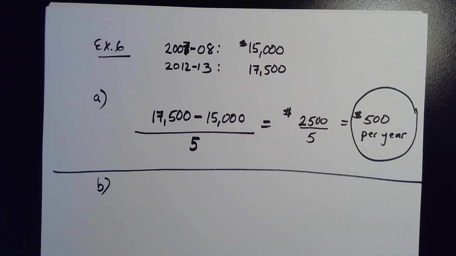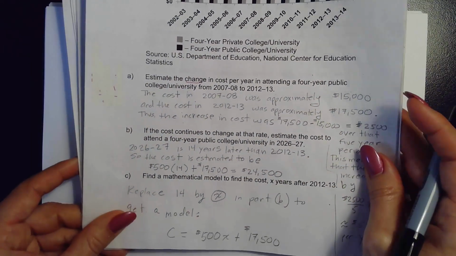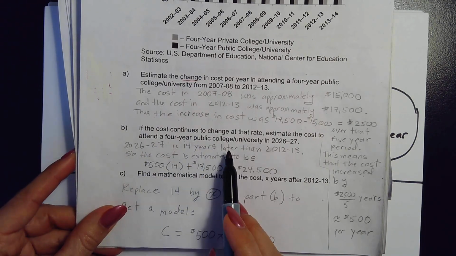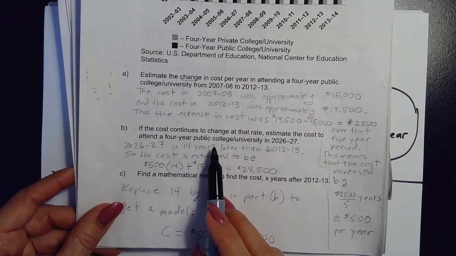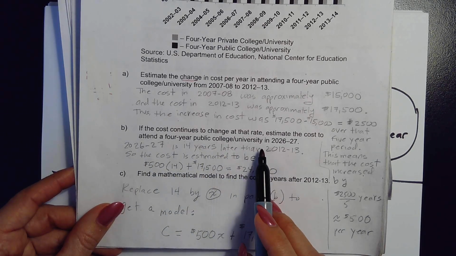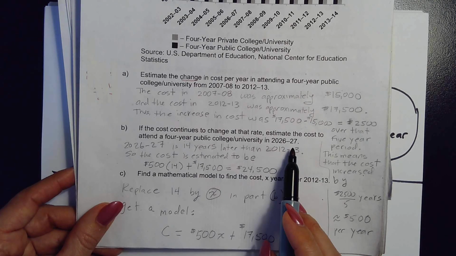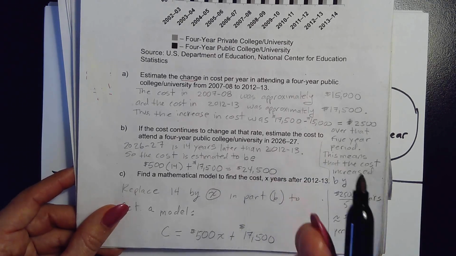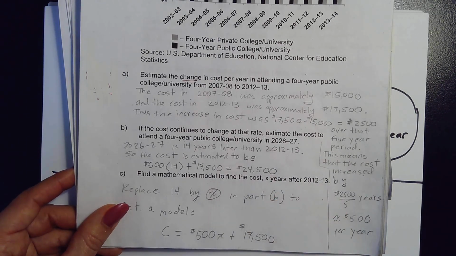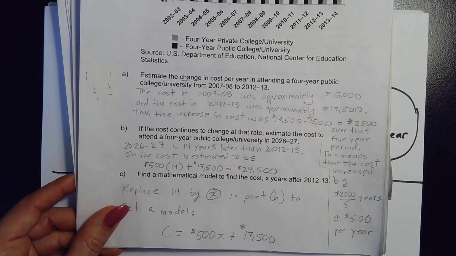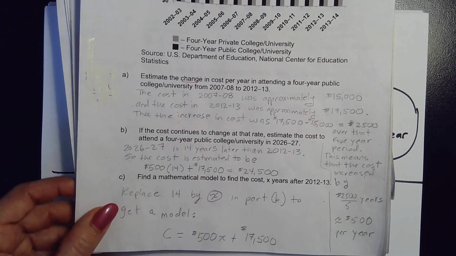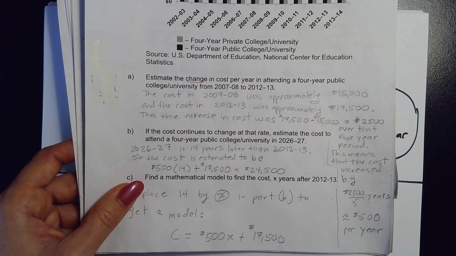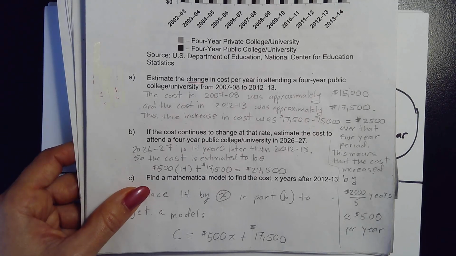Question number B is similar. Notice what it's going to ask us. If the cost continues to change at that rate, estimate the cost to attend a 4-year public college or university in the year 2026-2027. So it says if it continues to change at that rate. That means we need to start at the last academic year, because we're saying if it continues, keeping everything else constant, at the same rate.